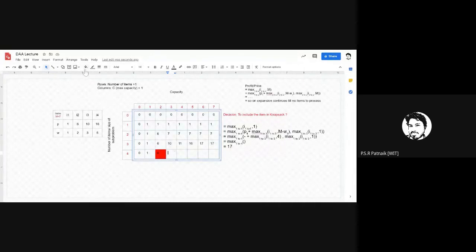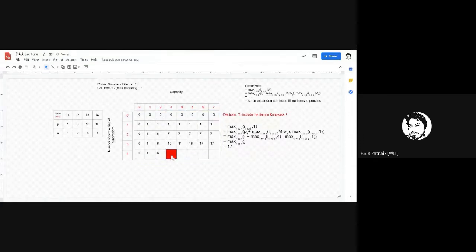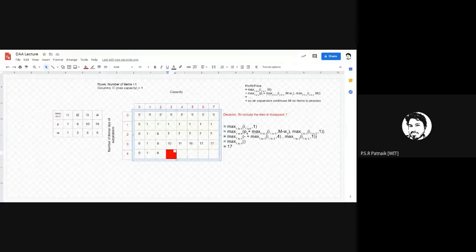Now let me highlight this. I hope you are doing this calculation. What will be the solution for this? So can I include this? You cannot include. If you cannot include, it would be just the max of this.